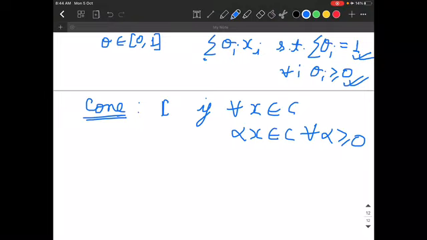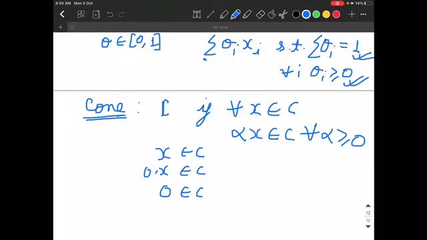Note that if x belongs to C, then 0 times x should also belong to C for C to be a cone. So 0 should belong to C. A cone must always contain the origin.